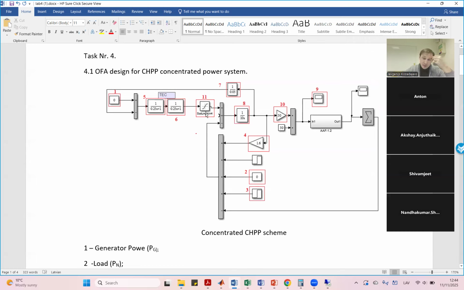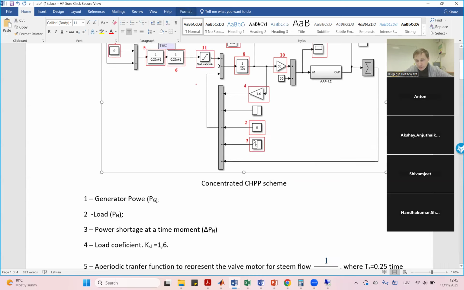Because in your first lab, there is no saturation block here. Why? Because for the first lab, when we analyze what is going on, if you started to do your task number 1, you could find a very interesting conclusion: if you make a power outage in percent, that is here.